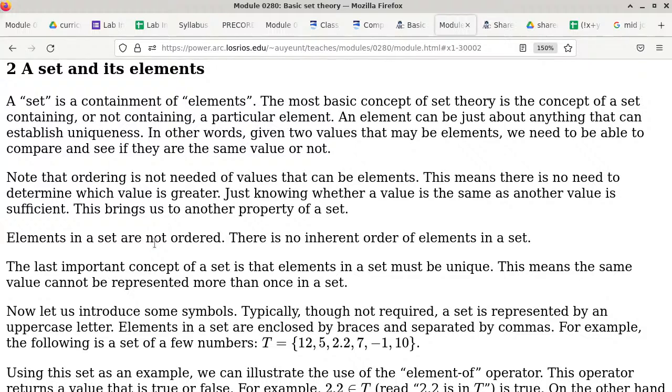Next one. Is there an inherent ordering of elements within a set? The answer is no. So there's no specific ordering of things or elements within a set. That's kind of important. Now, if you think about files in a folder, it depends on how you want to sort it, right? Because you can sort it by last modification time. That's one way. Alphabetical order in non-decreasing order.